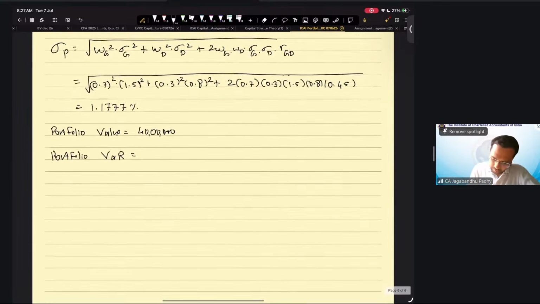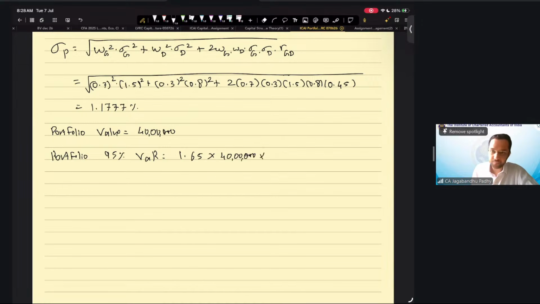Of course, it depends on the percentage. So the portfolio 95% value at risk will be 1.65 into 40 lakhs into 1.1777%.